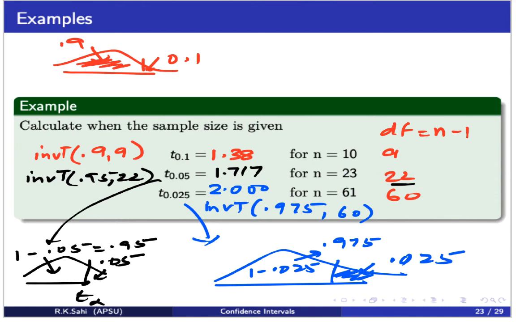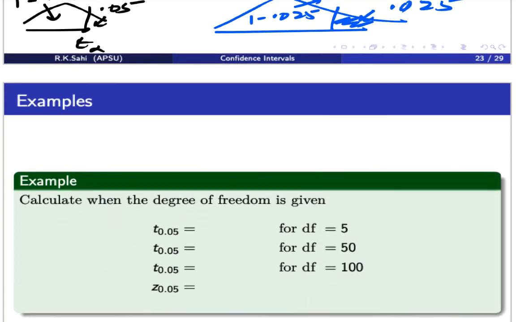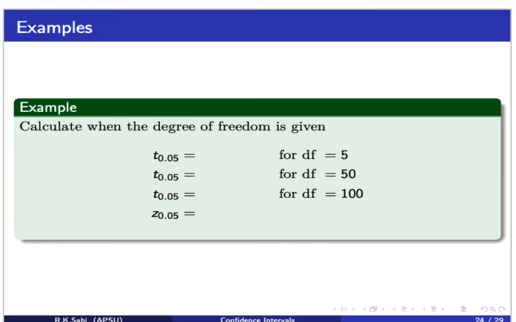Now this was a scenario where the sample size was given. If the sample size is not given, but we're given the degrees of freedom. So what I've done over here is I've kept the same alpha, increased the degrees of freedom to see how closely, as I increase the degrees of freedom, the value for this t-score is very close to the z-scores. So let's do this one. So t.05, remember it's all the same alphas.